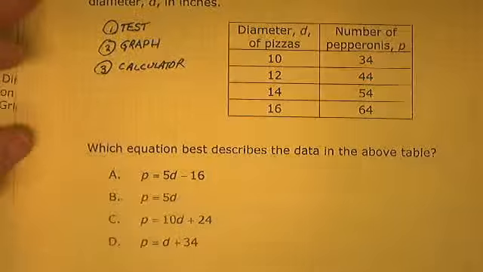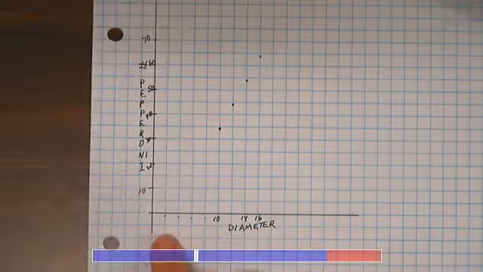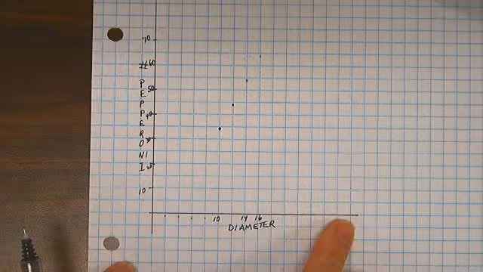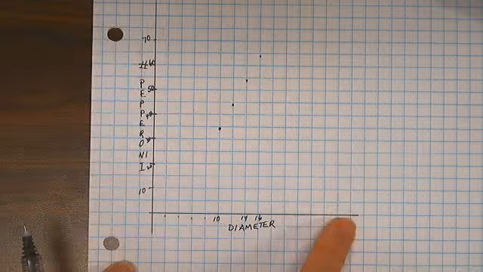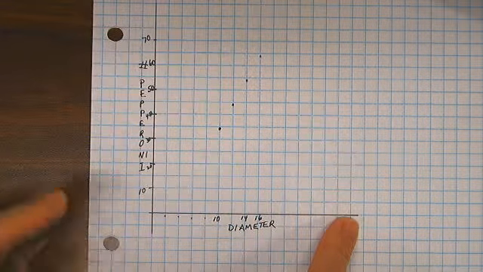Is there any other way to do this problem? Another way to do the problem is simply build a graph. Our graph would look like this. The diameter of the pizza could go on the horizontal axis because that is the independent variable.